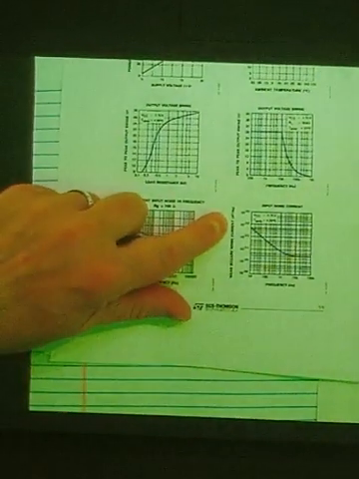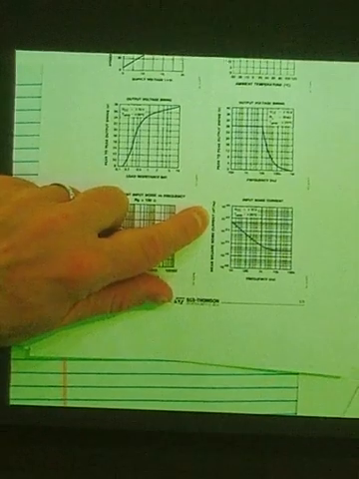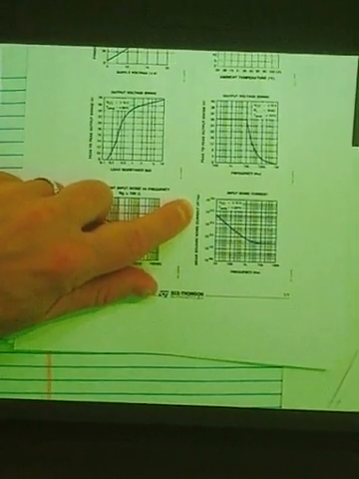For this data sheet, they did something a little odd. If you were going to display this in nanovolts per root hertz, then you should really display this one in amps per root hertz. But they didn't. They displayed it as the square of the quantity.